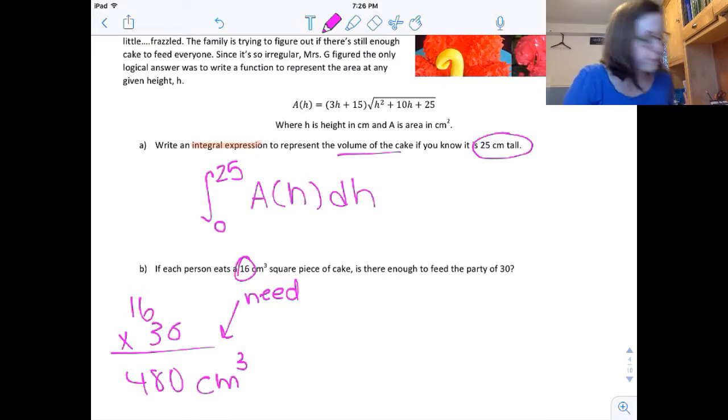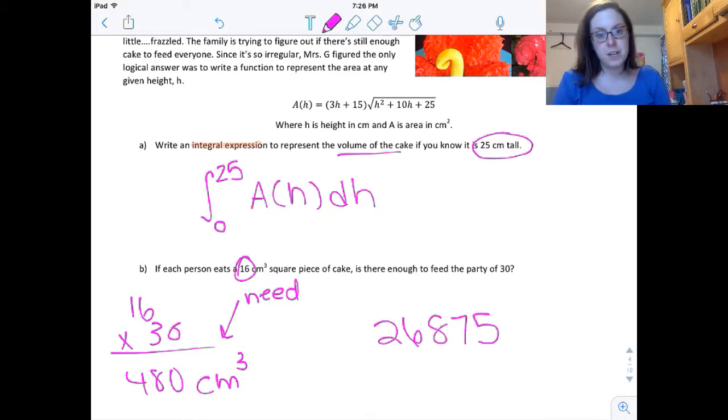So I threw that in my calculator. That gives me 2,687.5. Is there still enough cake? Yes, there's still enough cake. Okay, that's my amount of cake. Okay, cool. All right, next one.